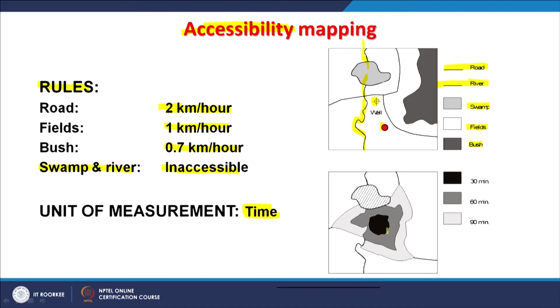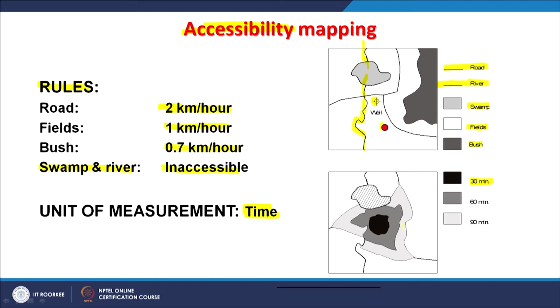So, here these buffers are being created, not circular buffers, but more realistic buffers where these constraints have been put. Here what we are seeing is that if one is close to this place, it will take only 30 minutes to reach the well and fetch the water.